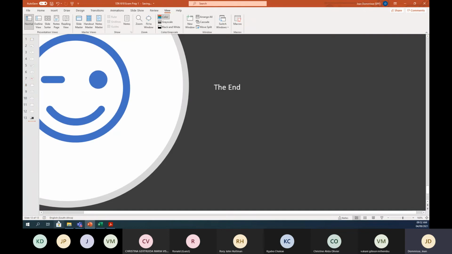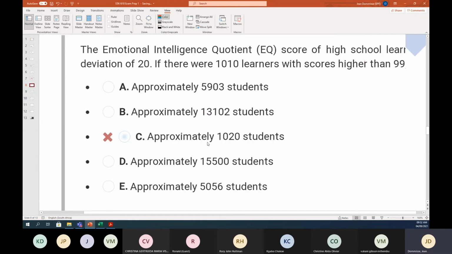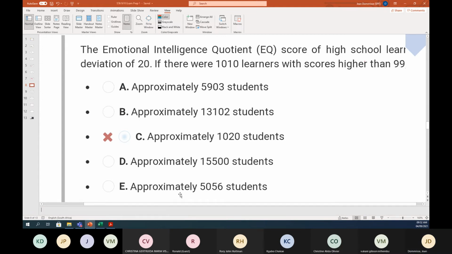Let me just see if there was... Where's the other? Okay, that was given. So is there enough information in here? Or was there some info cut off? Emotional intelligence score of high school learners.